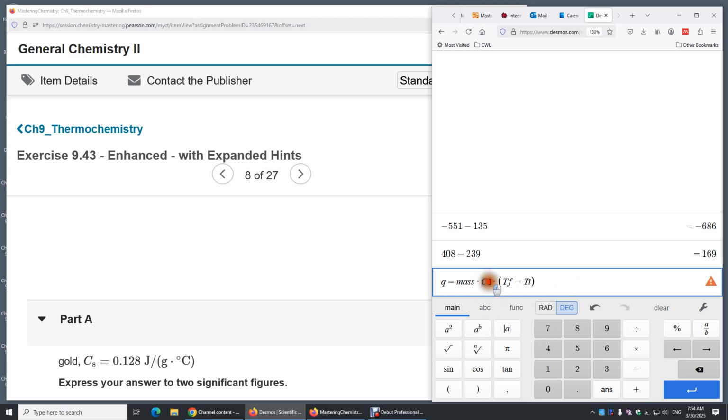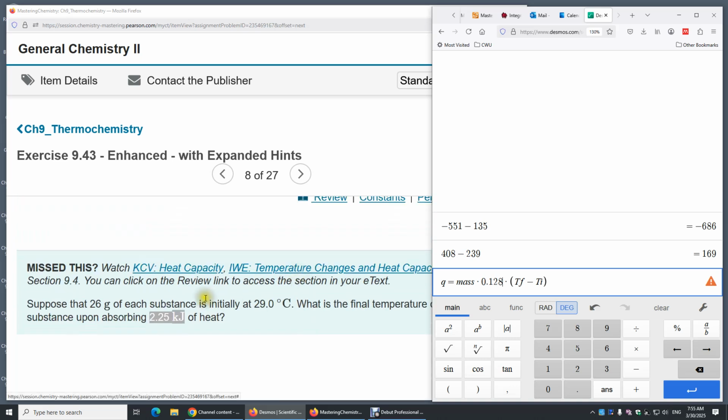In this part A, we have specific heat 0.128. I can't type the unit in this equation, so I need to make sure joule, grams, and degrees Celsius are used in other places.